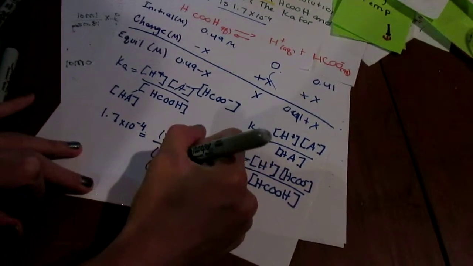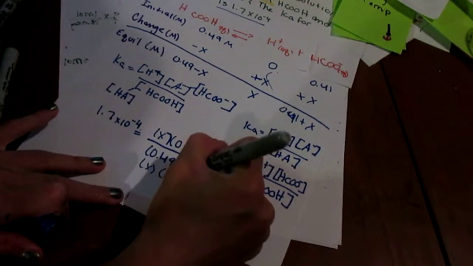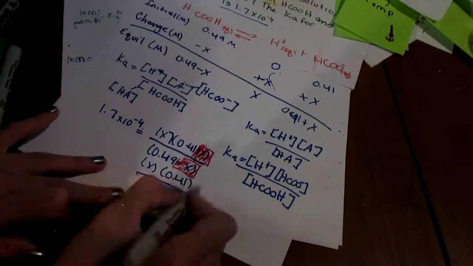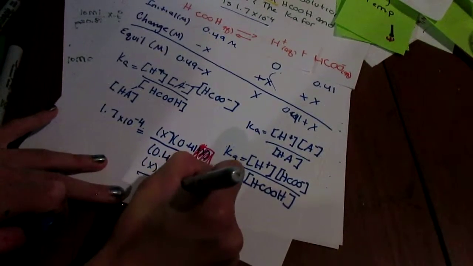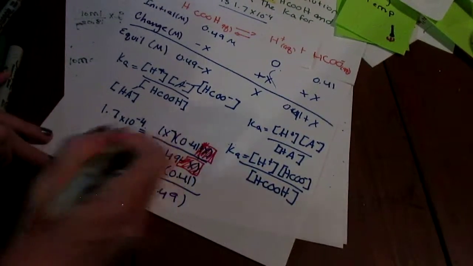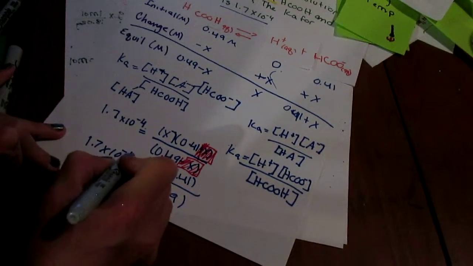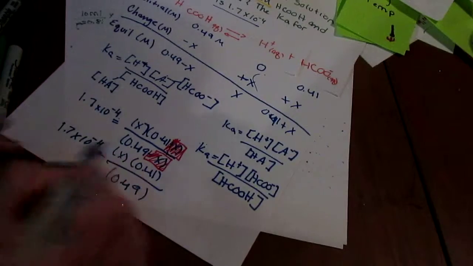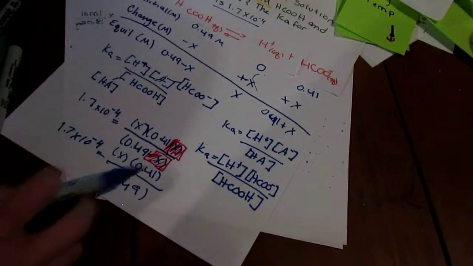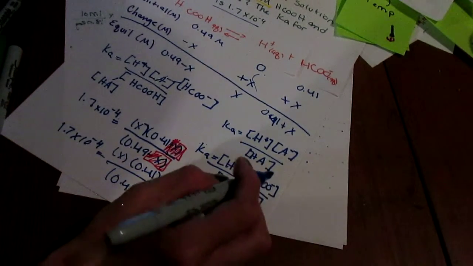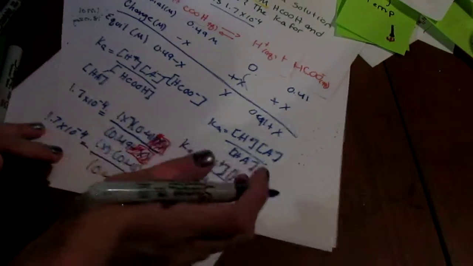So that leaves us with 0.41 over 0.49. A nice beautiful equation that we just have to solve for x. And using our algebraic skills, we can move things around. You just do the opposite of what's happening to it at that moment, using the order of operations.